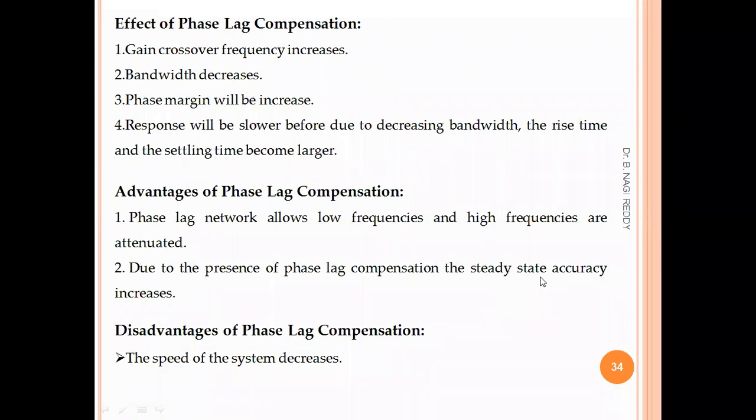We had a point on steady state accuracy in the introduction part of the compensator. If we keep on increasing the steady state accuracy, then the system may become unstable. So that is one of the disadvantages. So these are the effects and disadvantages of the lag compensators. Okay, thank you.